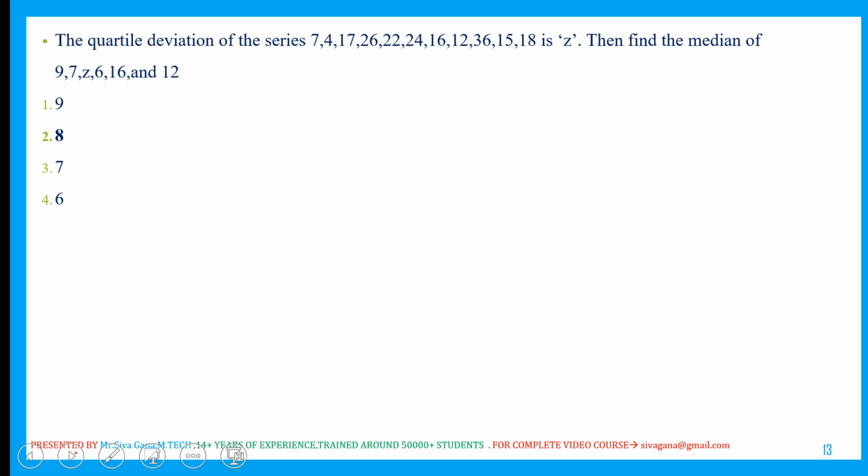The quartile deviation. What is quartile deviation?